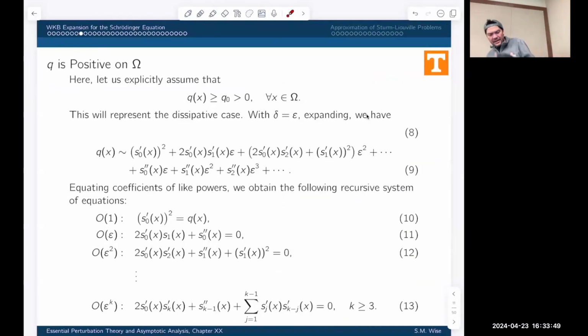So let's go ahead and develop the case where Q is positive. What I really mean here is that it's well bounded away from 0 on the entire domain. It's positive, bounded away from 0 by this lower bound Q naught, which is strictly positive. This is going to turn out to represent the dissipative case.